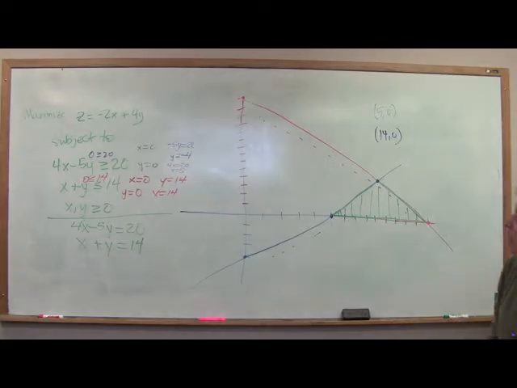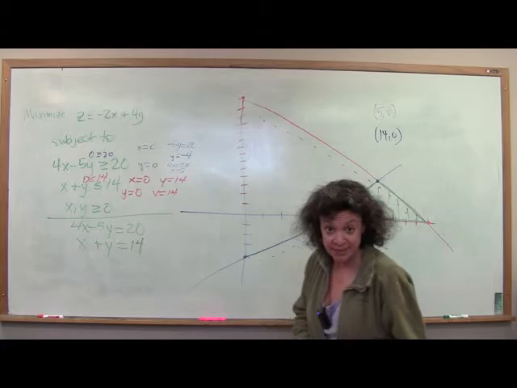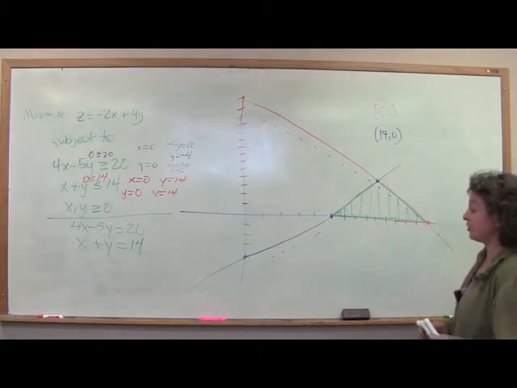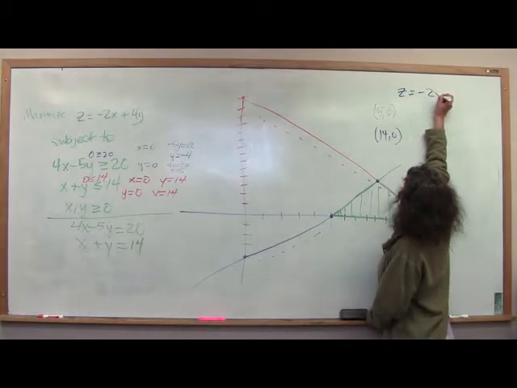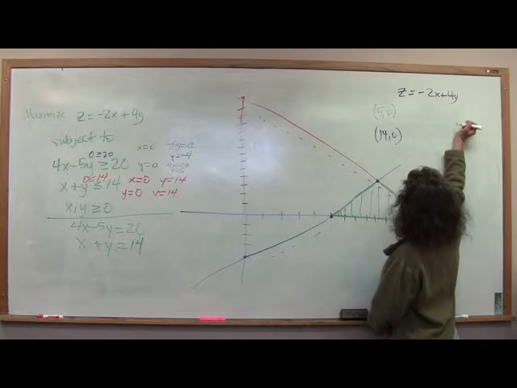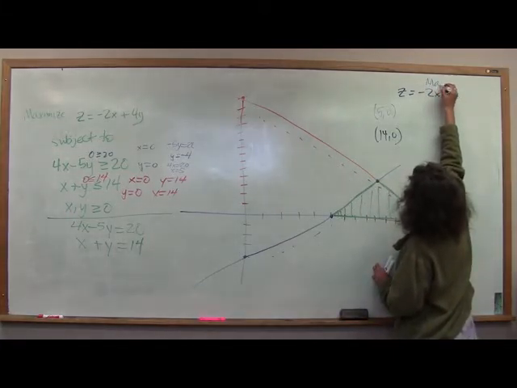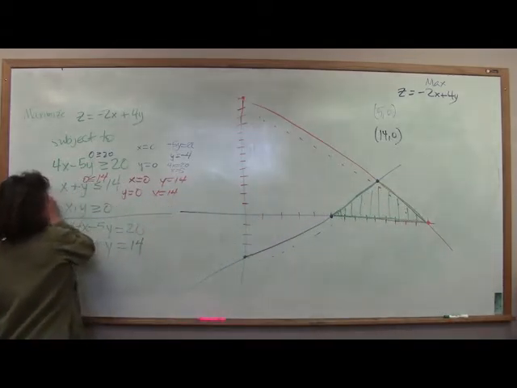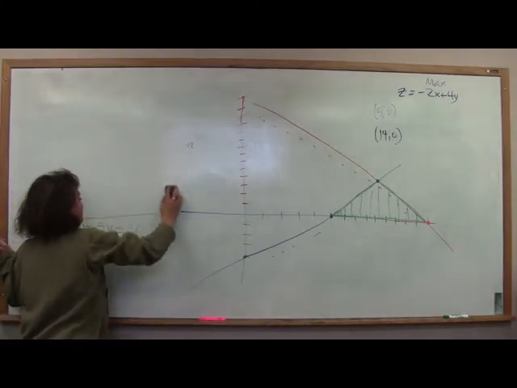And I claim we know how to solve something like this because this is a system that we've solved using substitution or the addition elimination method. So I'm going to just real quick write my objective function here. We want to maximize him. So just for practice purposes, let's go through and solve this system.